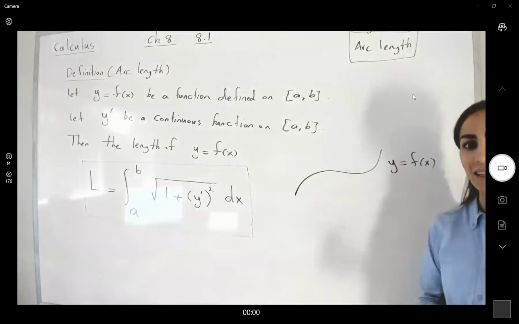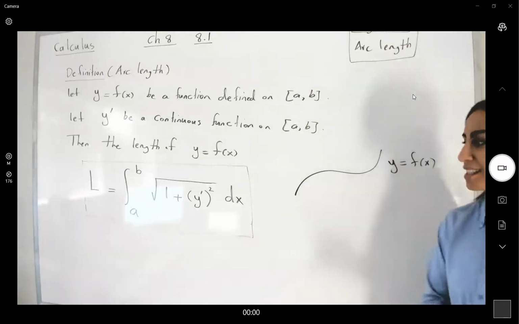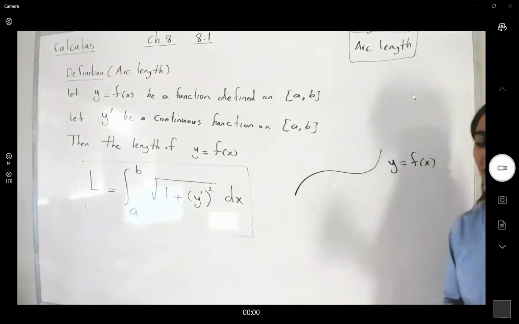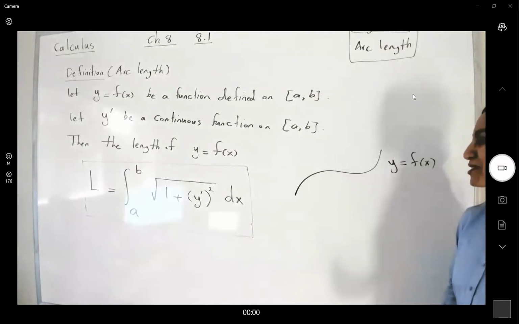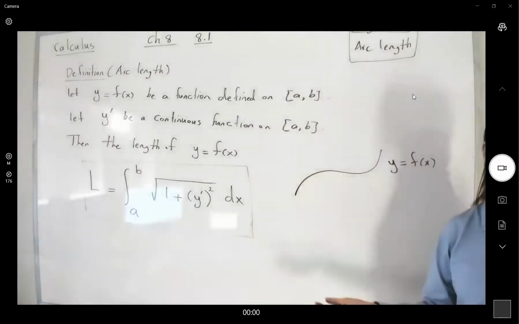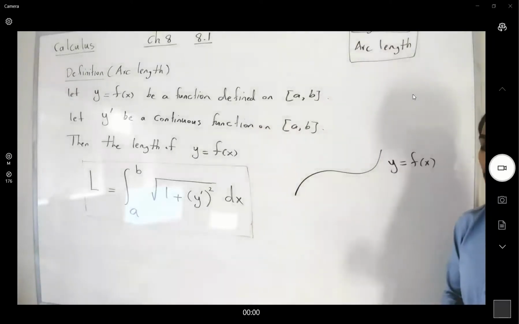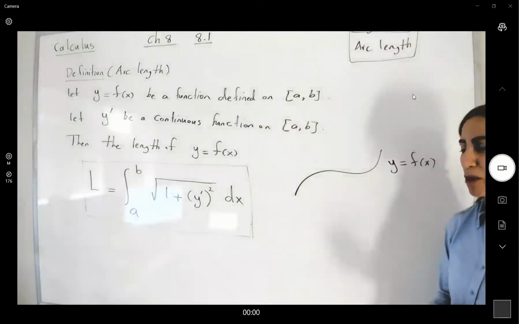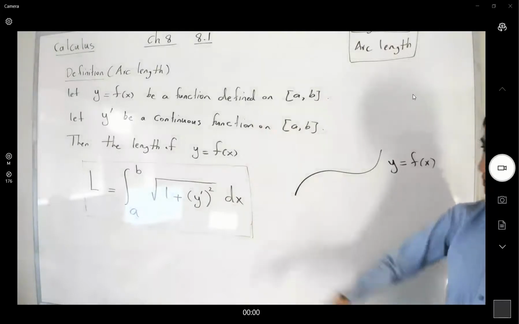The delta x converts into dx, and we get our proper definite integral from a to b of the square root of 1 plus y prime raised to the second power dx.